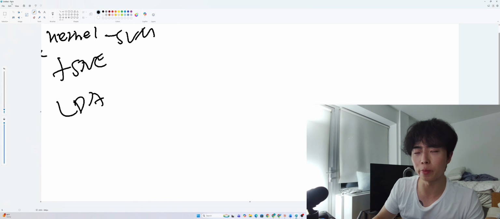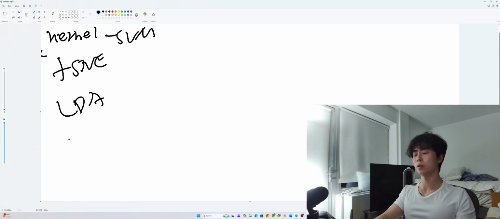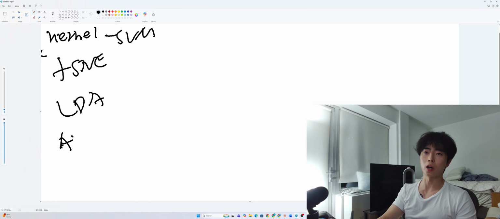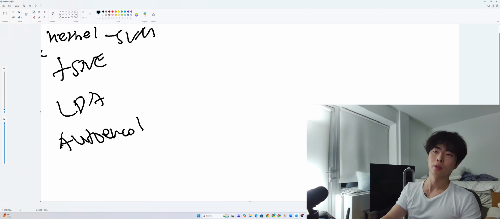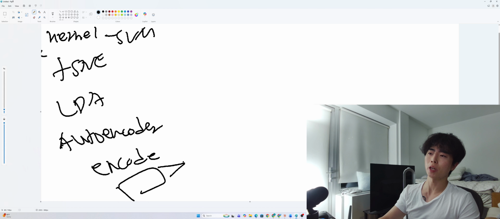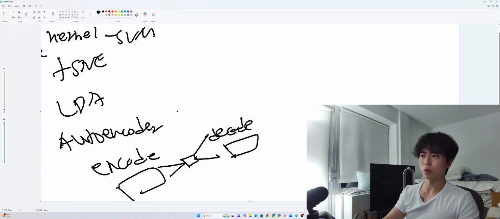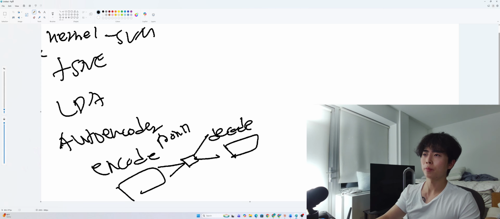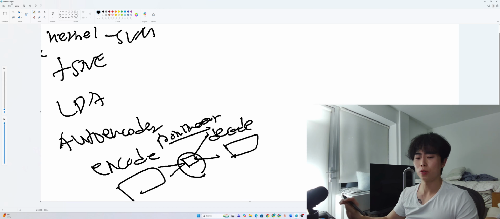The nonlinear methods are like autoencoder architectures, encode-decode. We encode the training set into a smaller scale, like a tiny box, and decode it back, and that's how generative AI works. So this is a nonlinear method that I can use.